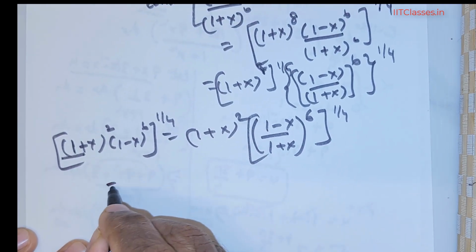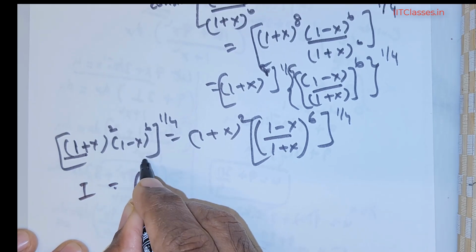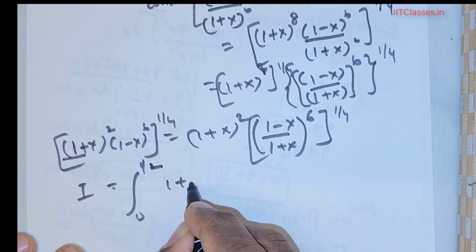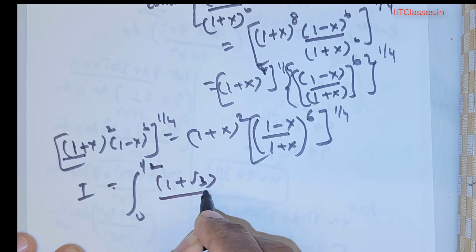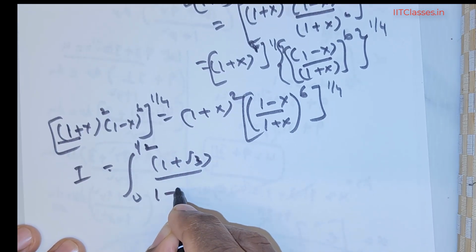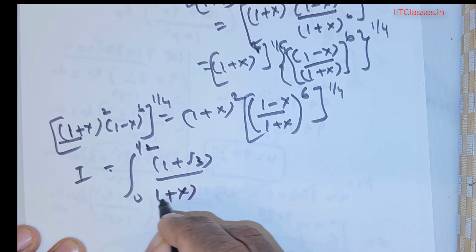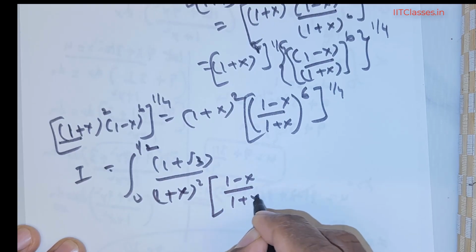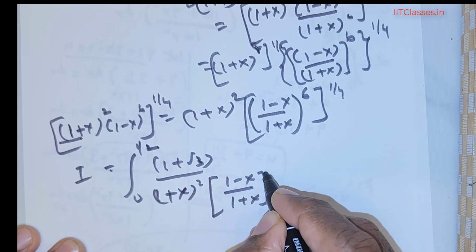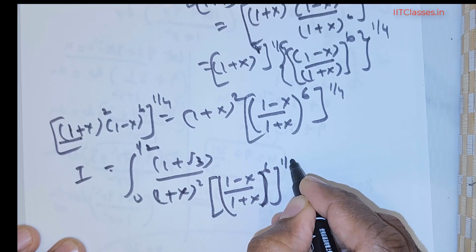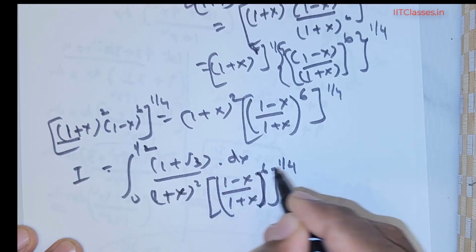The integral is going to be from 0 to 1/2 of (1 + √3) divided by, this goes over here, ((1 + x)^2 multiplied with ((1 − x)/(1 + x))^6), this entire component raised to the power of 1/4, times dx.